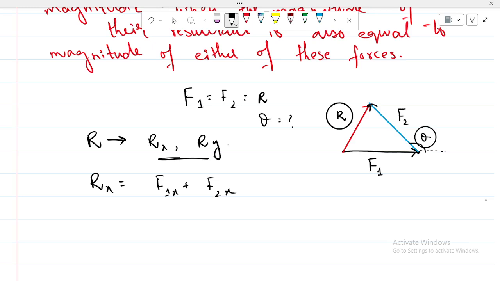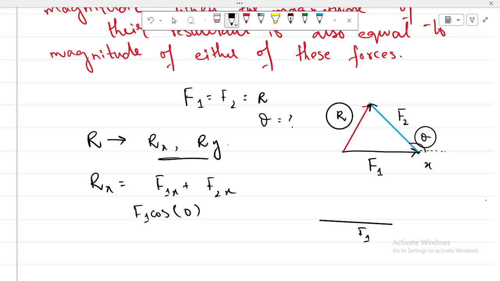Now, F1 is lying completely on the x-axis, so it is making no angle with the x-axis itself. If you remember, in the previous video we talked about how the horizontal projection, or the projection along the x-axis, is always taken with cos theta. So F1x is equal to F1 cos 0, since it is making no angle with the x-axis.